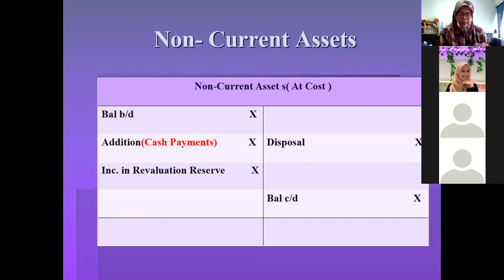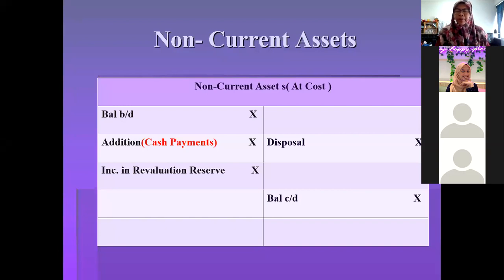Dia kata pula sold equipment. Part B baru purchase equipment. So meaning you have no choice. Dia ada purchase, dia ada disposal. So bila ada purchase and disposal, you need to open the account. So you need to open equipment account.